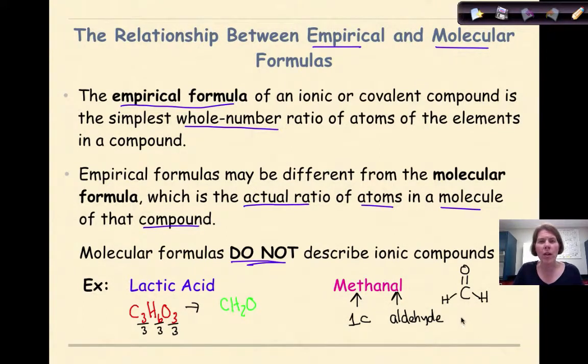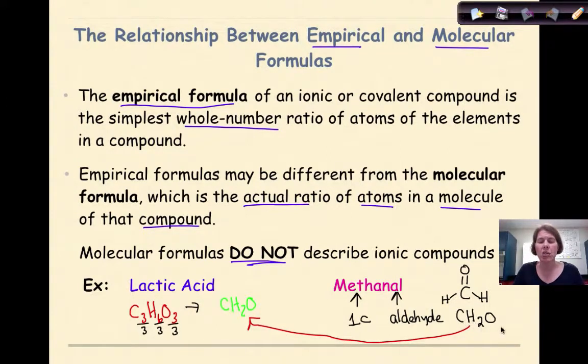And if I was to write out the molecular formula of this, I'd say, well, that's CH2O. But wait a minute, there's something interesting here. This methanol has a molecular formula that is the same thing as the empirical formula of lactic acid.